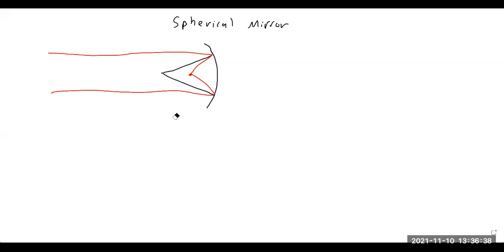So where would this focal point be? The two black lines that I drew in are both normal to the surface.